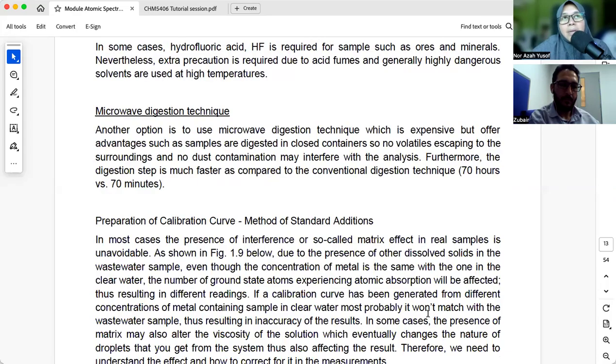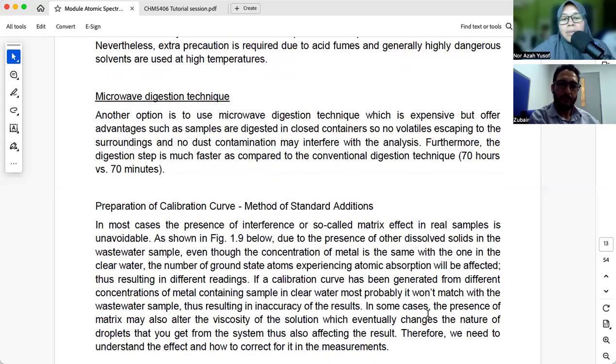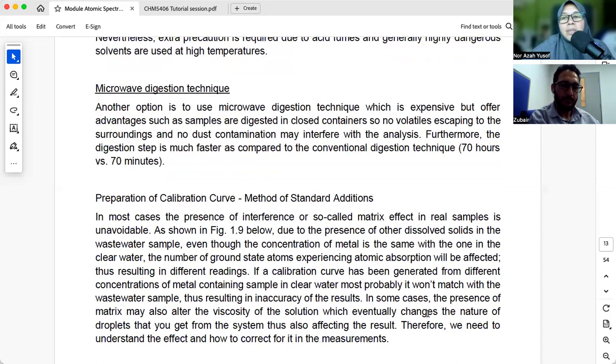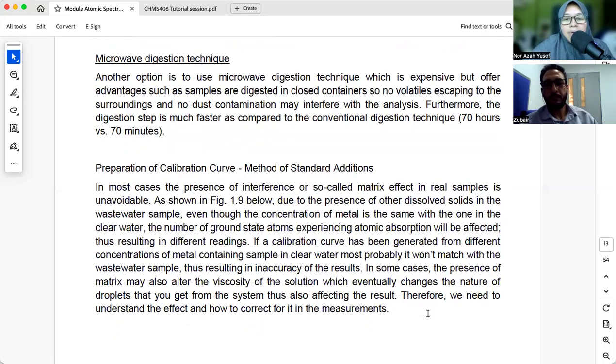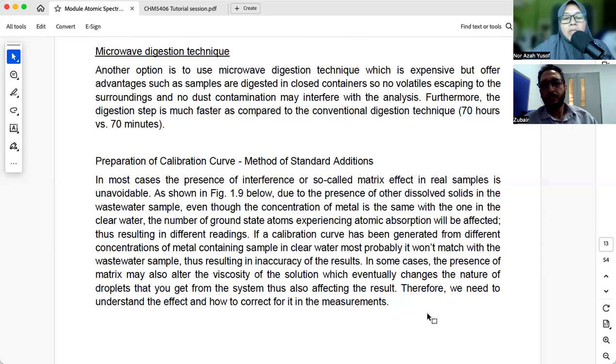I think I sent you last week the link to my recorded video with details on standard addition, or without standard addition, and external standard. In most cases, the presence of interference, the so-called matrix, imagine the coconut water, is easy to counter by using the standard addition method.